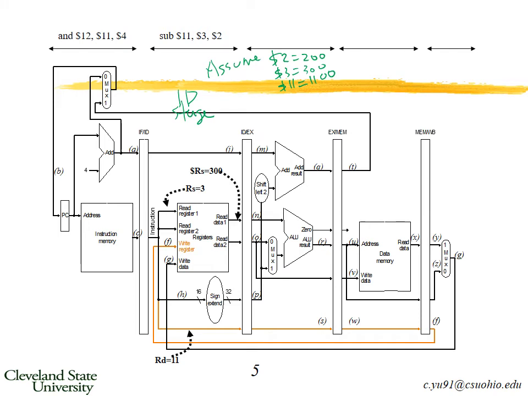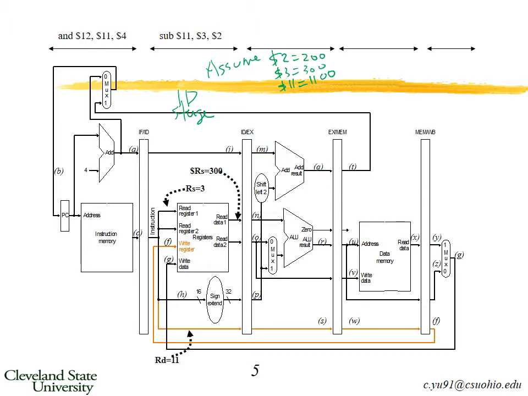So let us assume the subtract instruction is in the ID stage, reading the source registers 3 and 2. We assume register 2 has the value of 200, register 3 has 300, and register 11 has 1100, for example. So source register 3 has been read and it is 300.